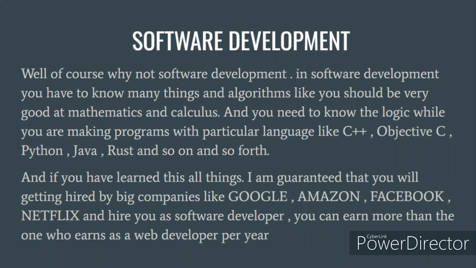Software development is kind of hard, not hard, it's kind of complex. It will take many years if you are not confident in that. If you are confident that you have every necessary thing this needs, then you might learn this in 2 years.